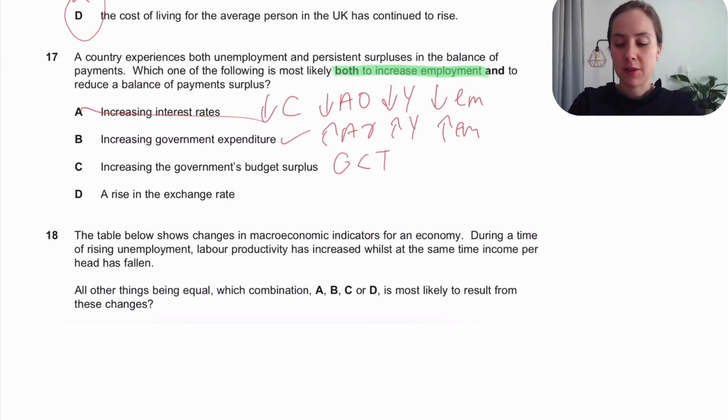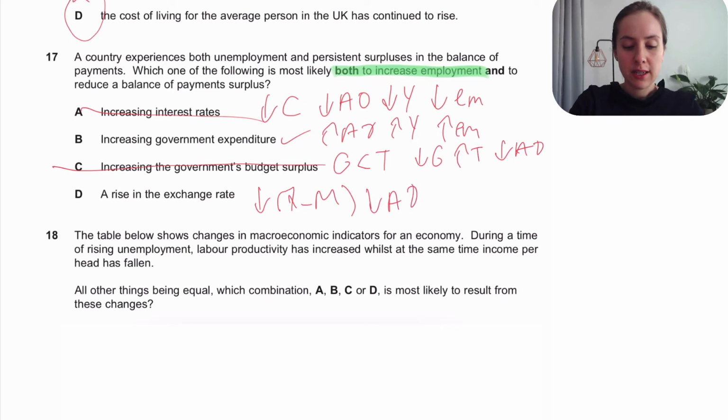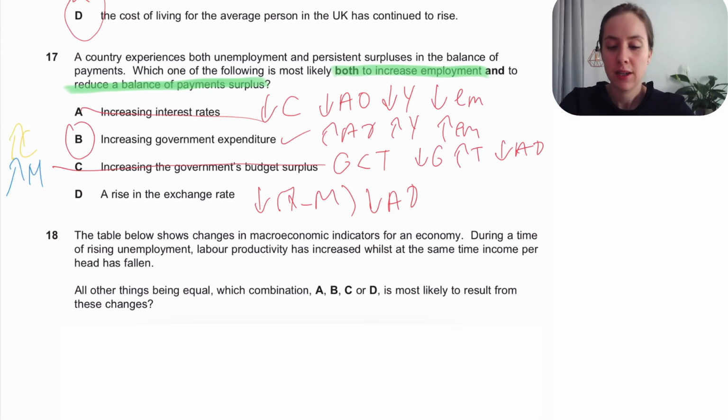So increasing that must have meant that you have decreased government spending or increased tax, which is bad for AD. Don't like that one either. Rise in the exchange rate. No, this decreases X minus M. This decreases AD. So I like the sound of B, but I actually haven't checked the other one. So I'm going to try and see how that might affect the balance of payments. If there's more government spending, you could say that maybe there'll be more consumption, including on imports, and therefore the balance of payments, current account surplus will fall.